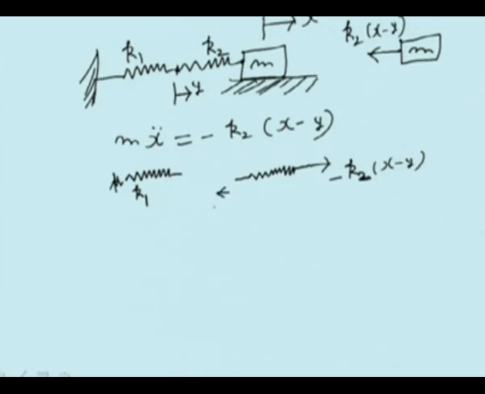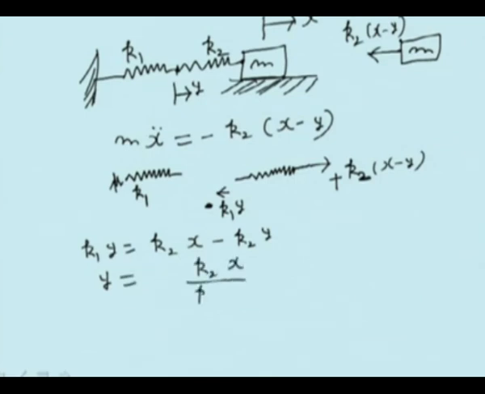So from the transmissibility principle, K1 y is equal to K2 (x minus y), that is K2 x minus K2 y. Therefore y is equal to K2 x divided by K1 plus K2.